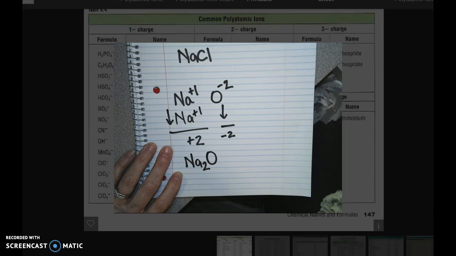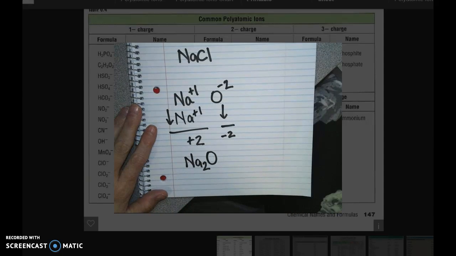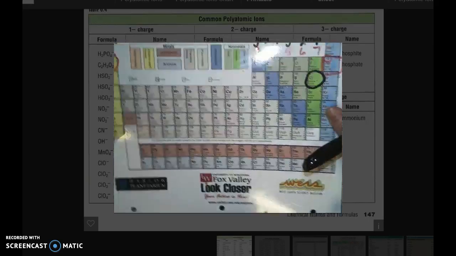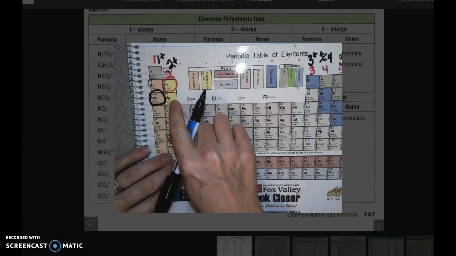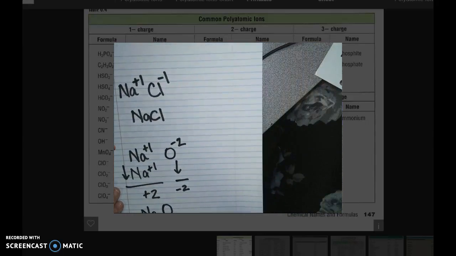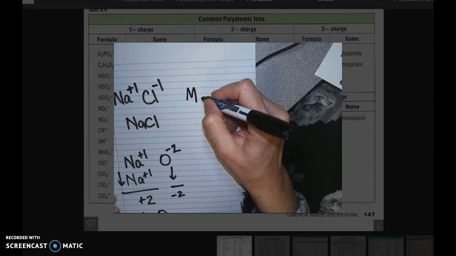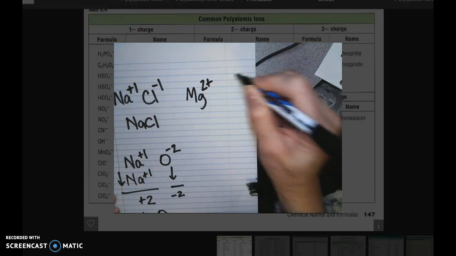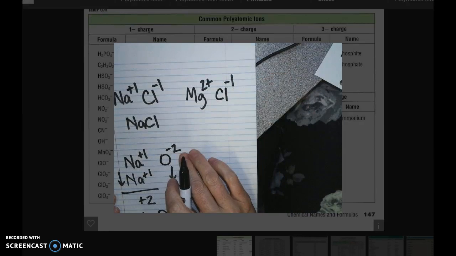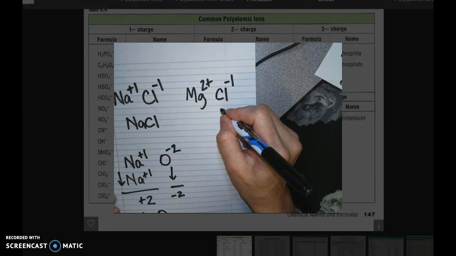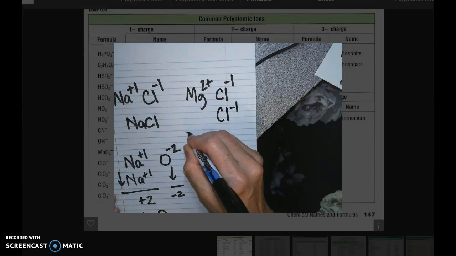Sodium oxide. Okay? Now, you can do it the other way too. You could have magnesium, which is a +2 charge, and chlorine, which is a -1 charge, right? And they're not going to match. So you add an extra chlorine.